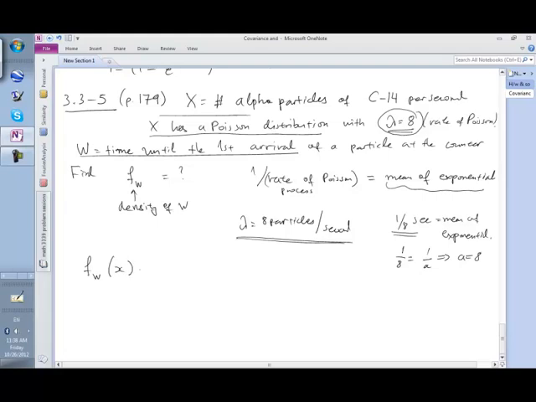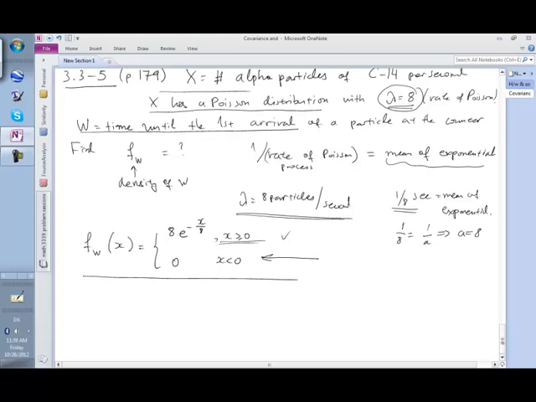So here you have that f of x is equal to 8 e to the negative 8x when x is non-negative, and 0 if x is negative. That's the correct way to say the PDF. Of course, this second branch can also be omitted because waiting time is always positive, so you can leave that here.